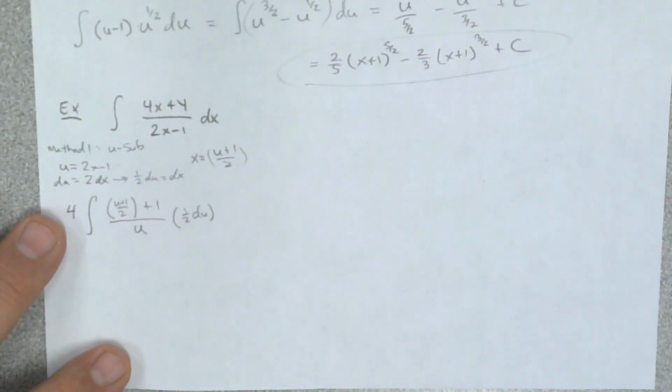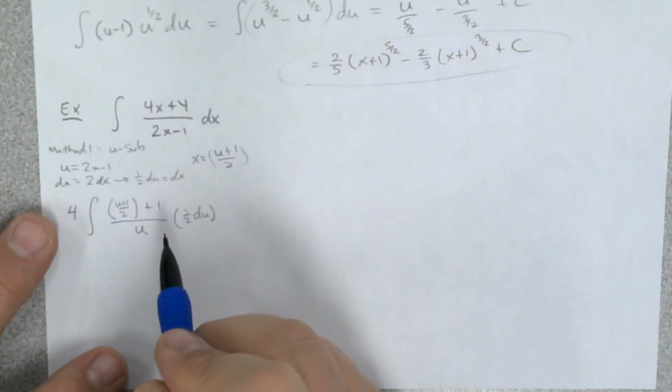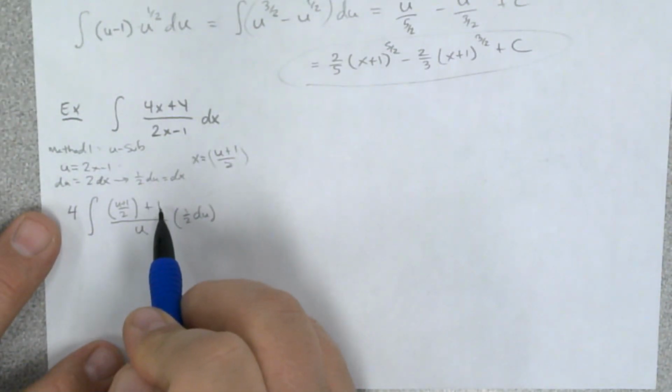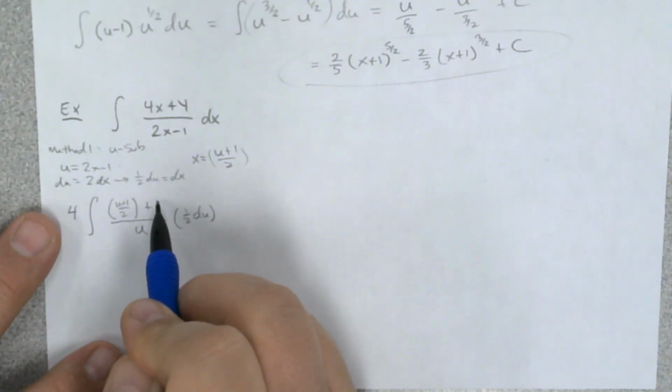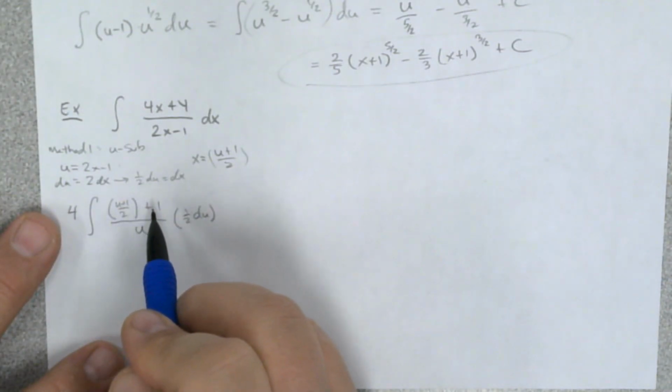So our task now is to clean all this up, to simplify this to a point where I can then do integration rules with it. So on top, I can get a common denominator. This right here is a 2, so this would be 2 over 2. Combined with this over here is going to give me (u plus 3) over 2.